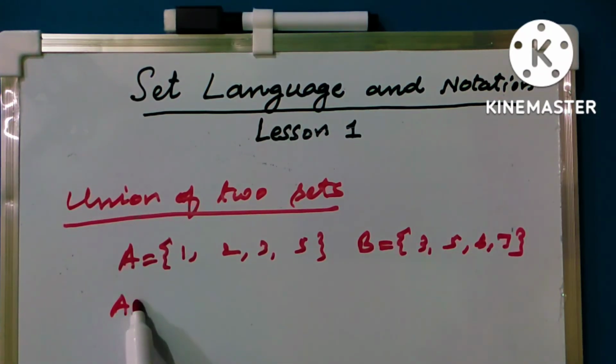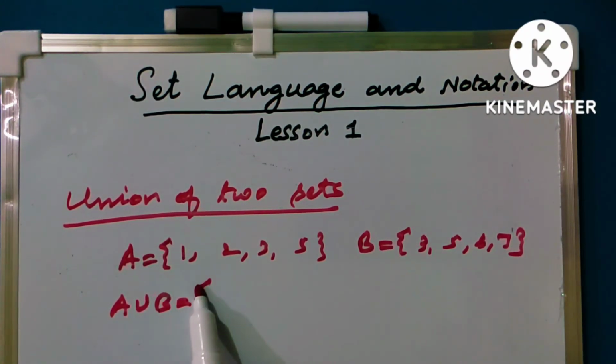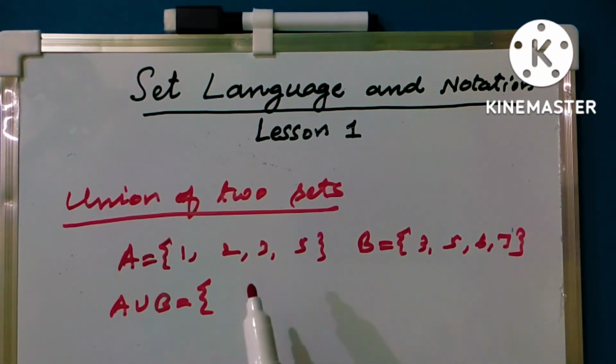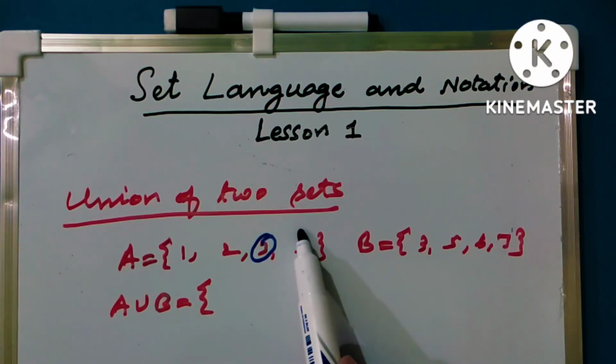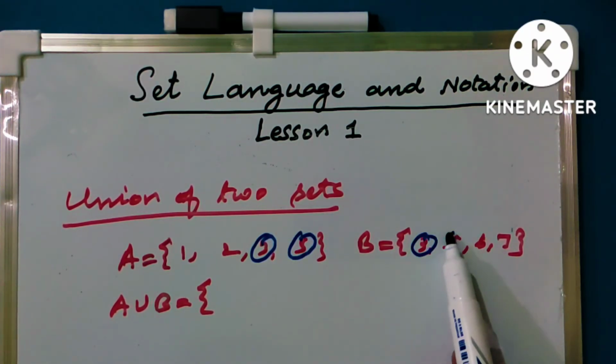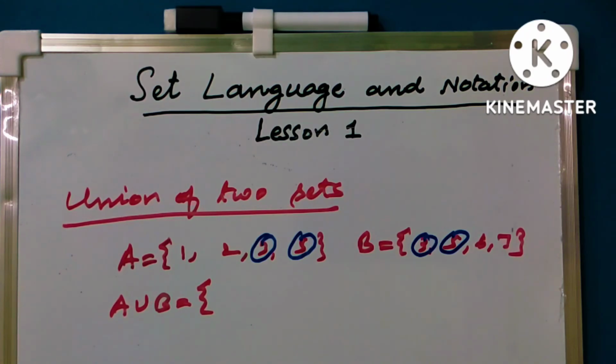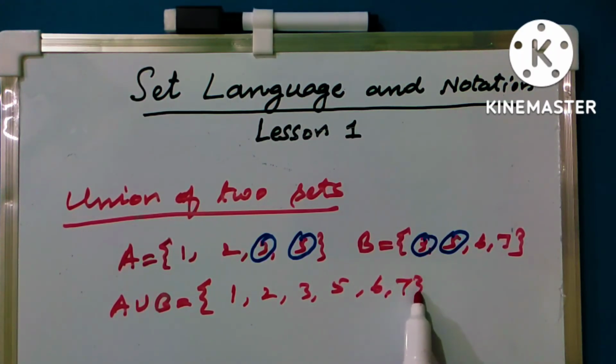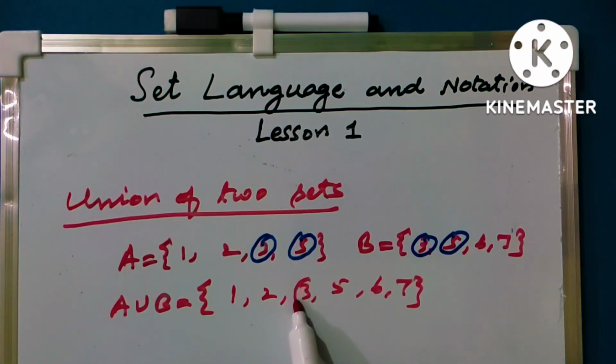So A union B is equal to, we have to combine two sets in such a way that their common elements, just like 3 is common, 5 is common, should not be repeated. Just like 1, 2, 3, 5, 6, 7. Common elements should be written only once. We don't have to write 3 two times and 5 two times.